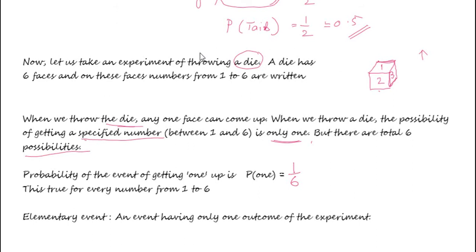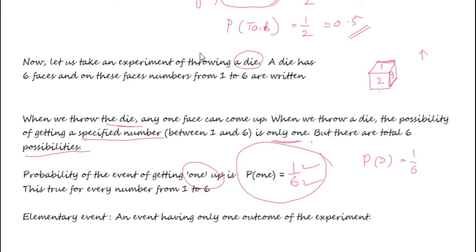So the probability of the event of getting 1 up is the favorable outcomes, that is 1, over the total possible outcomes, that is 6. So this probability, you can say P(E), or here I have written as P1, is 1 by 6. And probability of getting 2, that is also 1 by 6.